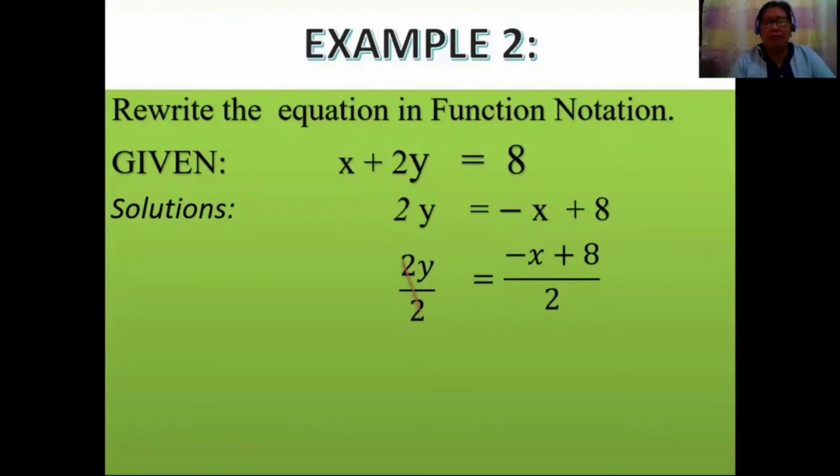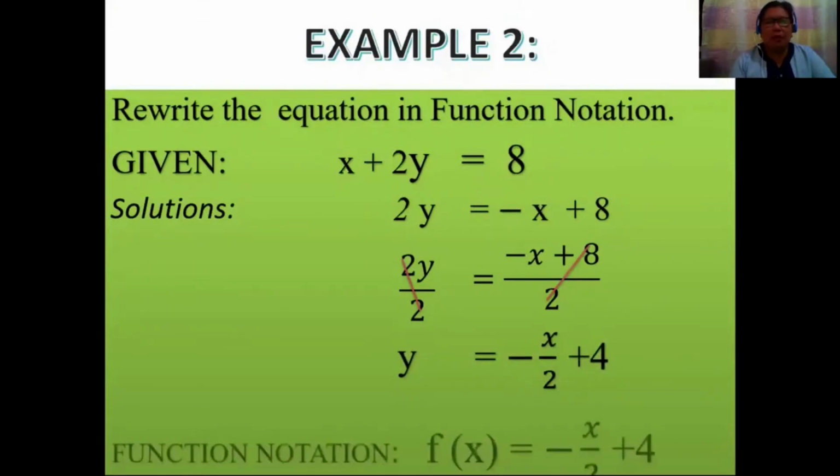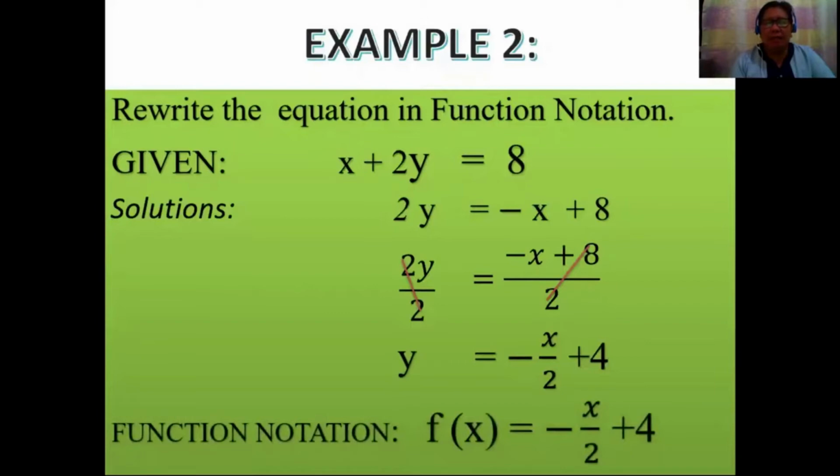Simplify by cancellation and divide 8 by 2. And you will have y is equal to negative x over 2 plus 4. So, the function notation is f of x is equal to negative x over 2 plus 4.